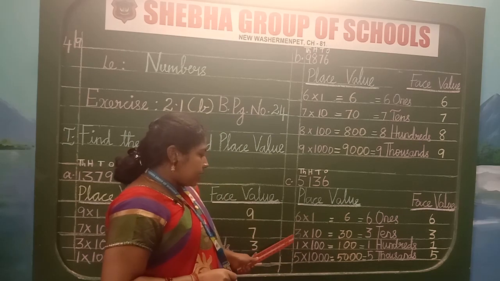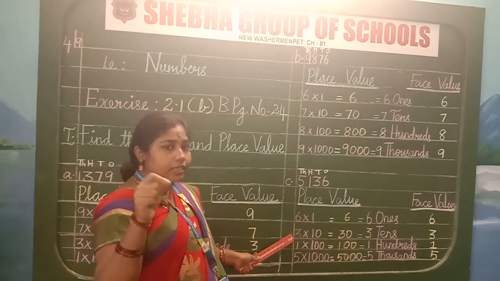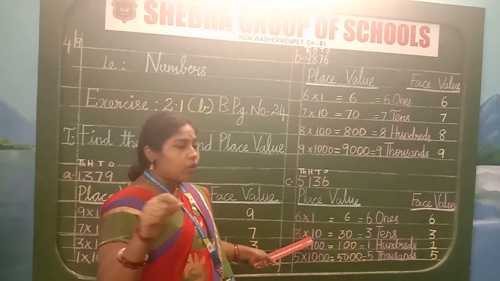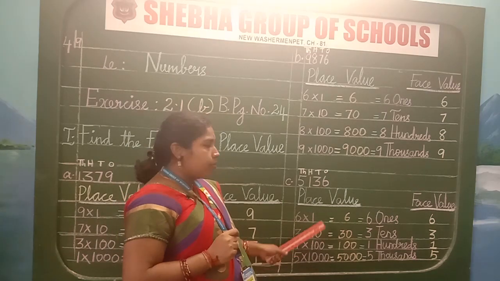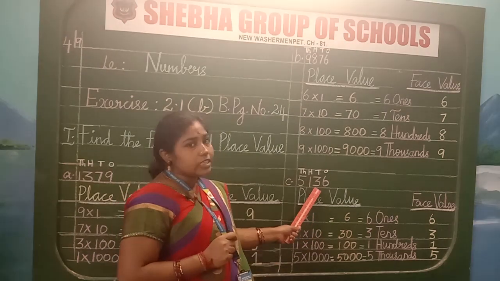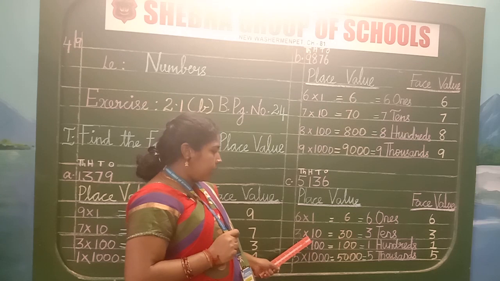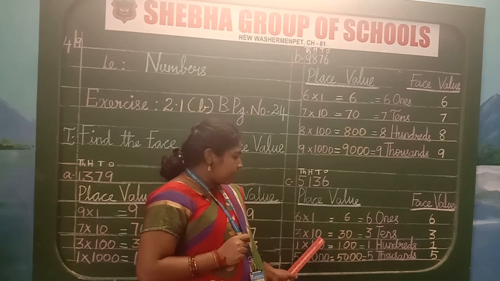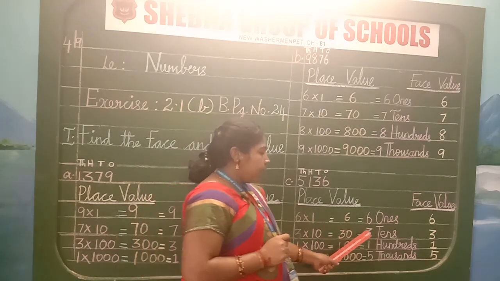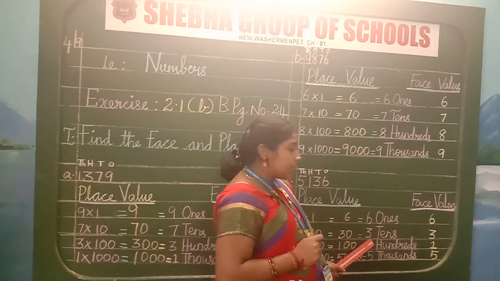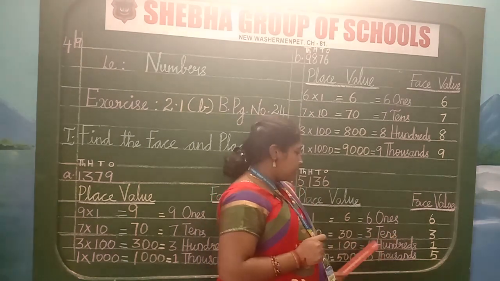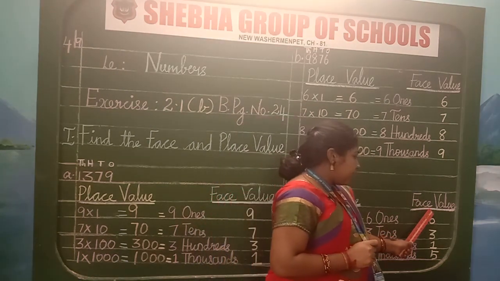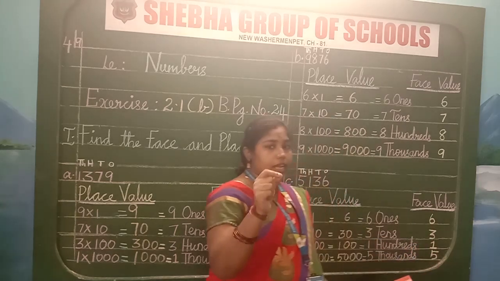Next, in the next line, write the number 3 into 10. Why are we writing 10? Because 3 is in the tens place value. 10 times 3 tens are, we get 30. We can write it in words as 3 tens. And in the face value, write the number as 3.